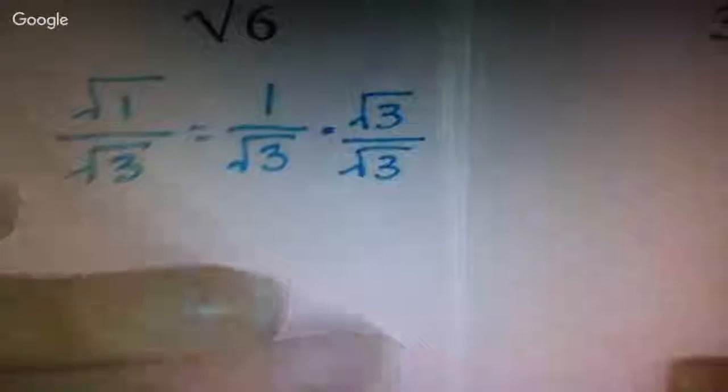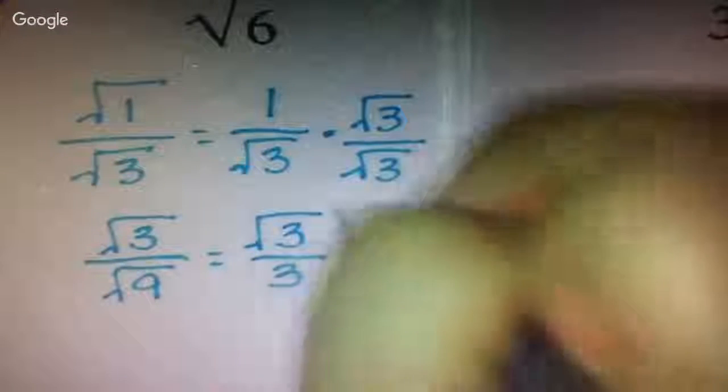Okay, I now need to get rid of that square root in the bottom. So we multiply the top by the square root of 3 and the bottom by the square root of 3. Multiply across the top. 1 times the square root of 3 is just the square root of 3.